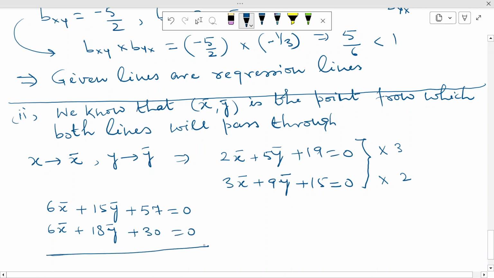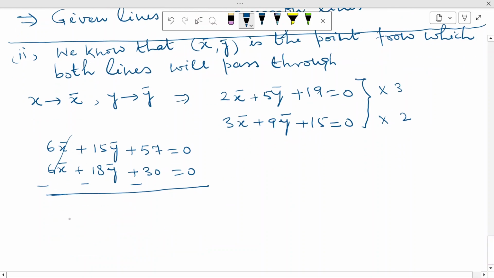So when we subtract, x bar will be eliminated, and here we are having minus 3 y bar plus 27 is equals to 0. So this means minus 3 y bar is equals to minus 27, and this gives us y bar is equals to 9.